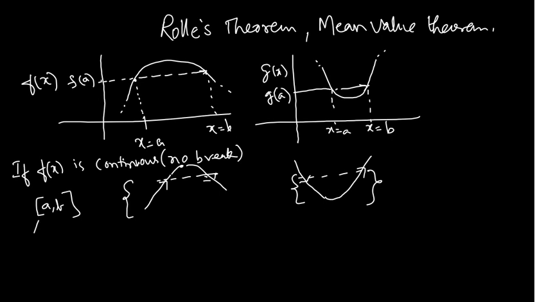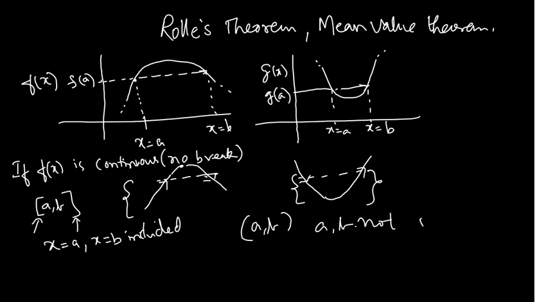Whenever they use square bracket, that means x equal to a, x equal to b, both are included. This interval we call closed interval. When we say (a, b), that means these are not included. A and b not included. That's a notation.